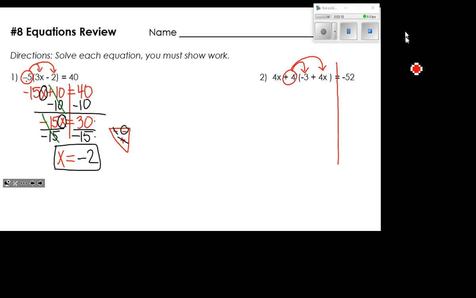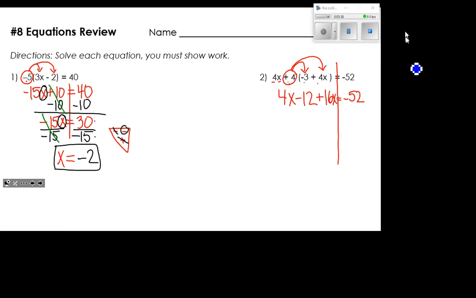So that means we're going to bring down this 4x and now distribute that +4 that we circled. +4 times -3 is -12. +4 times +4x is +16x. And it equals -52.